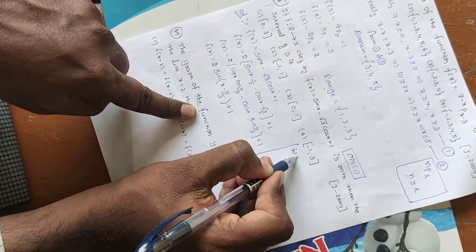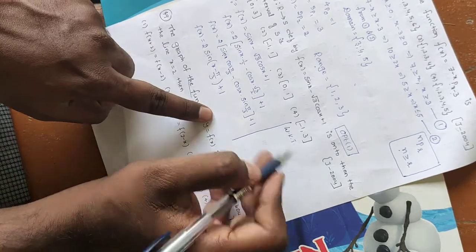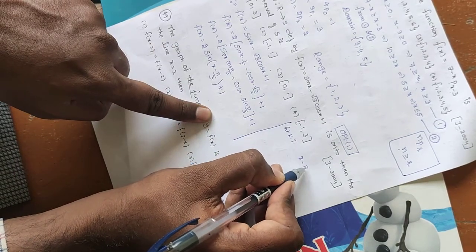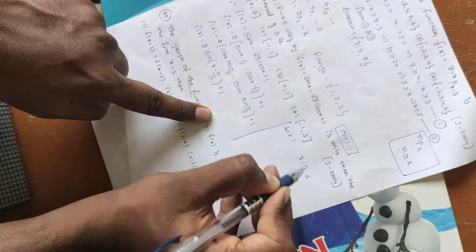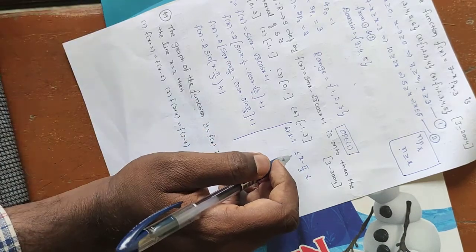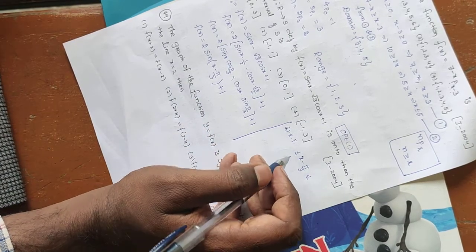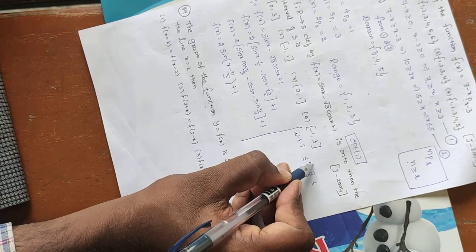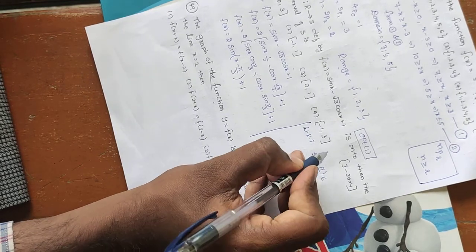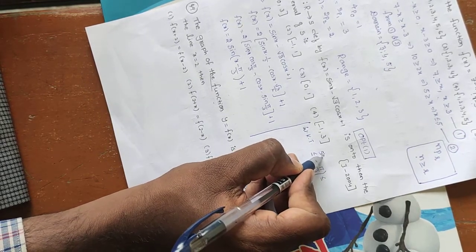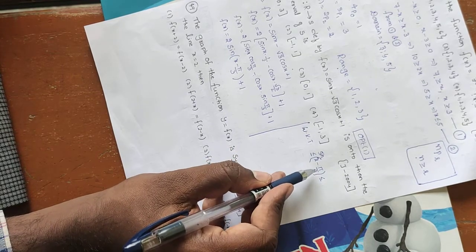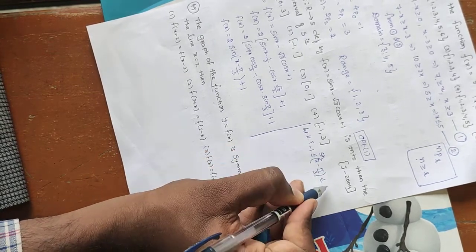We know that this is a sine function, na? Then x minus pi by 3 is less than or equal to, or you can take directly, sin(x minus pi by 3) is less than or equal to minus 1 to plus 1.